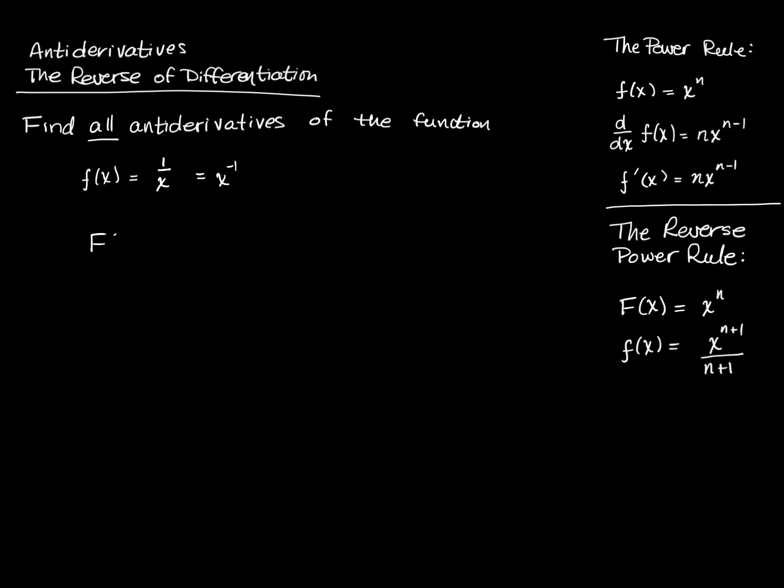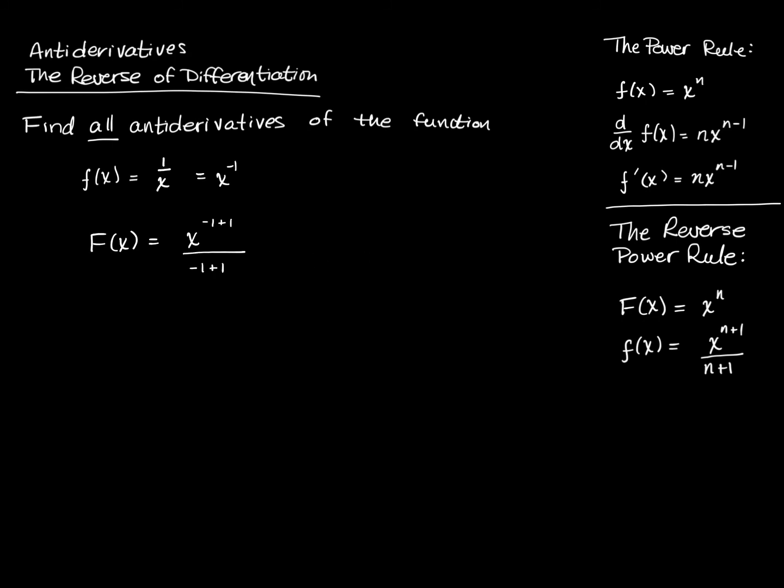So here I would propose that big F of x, the antiderivative, is going to be 1, because the coefficient is 1, times x to the power of negative 1 plus 1. And I'm going to divide that by negative 1 plus 1. When I simplify, I get x to the 0 divided by 0. Well, that's a problem, right? We can't divide by 0. The numerator here would be 1, but we can't divide by 0. So we have to do something else.